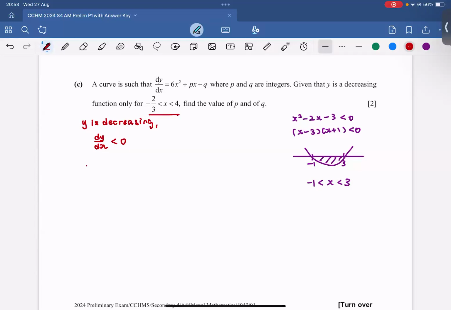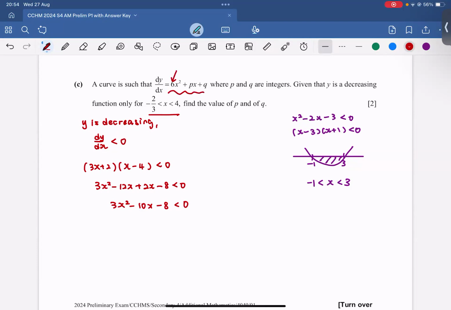So with this, I know that my factorized form will look like (3x plus 2)(x minus 4) less than 0. Then what I do is expand. I will get this. Now what do I need to do? I need to make this look like this. The only thing I can compare is this 6x squared.